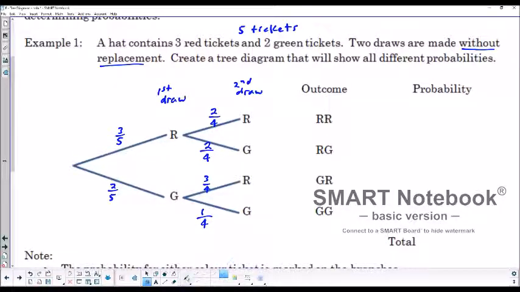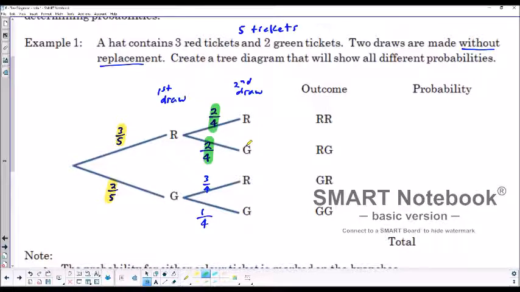Notice that because we're going to pull out a ticket, there's a 3 in 5 probability that it's red or a 2 in 5 probability that it's green. If you add those 2 probabilities together, it equals 1, which means we are definitely going to pull 1 ticket out of the hat. Then in the second draw, we have a 2 in 4 probability of pulling out a red ticket and a 2 in 4 probability of pulling out a green ticket.